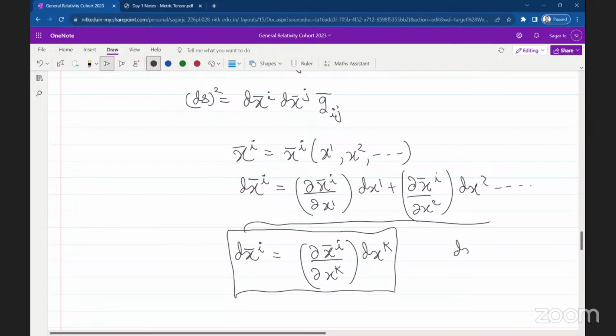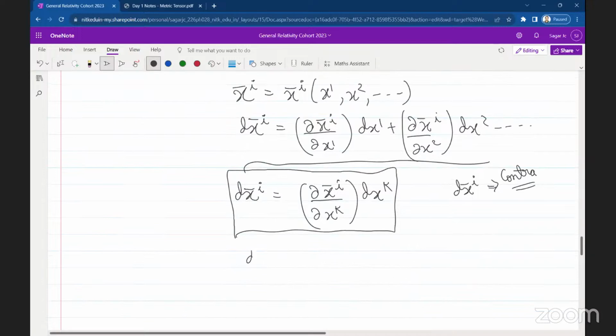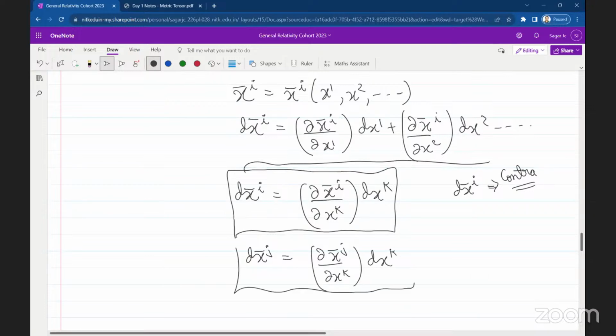So this shows dx bar i varies as a contravariant component. Now similarly for dx bar j, it is ∂x bar j by ∂x_k multiplied with dx_k, right?